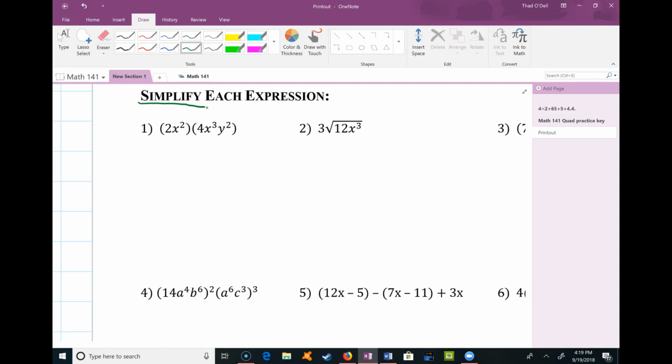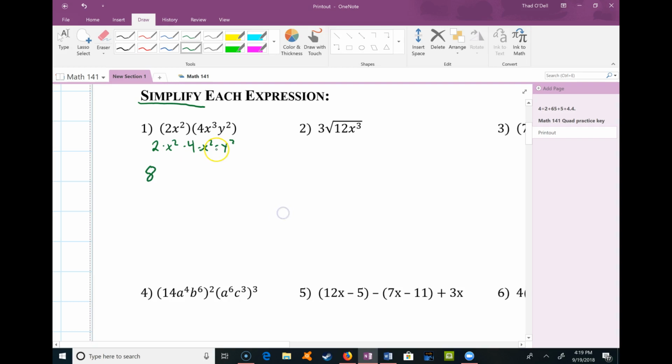So in this case, we're really faced with nothing but multiplication, right? Even though there are two parentheses here, they don't really do anything for us. So all we're doing is multiplying 2 times x squared times 4 times x cubed times y squared. It's just a bunch of things being multiplied together, so you can do them in any order you want. I'm going to multiply 2 times 4 first and get 8.